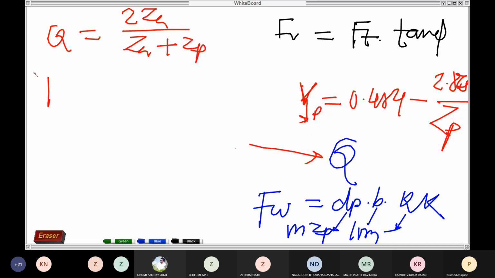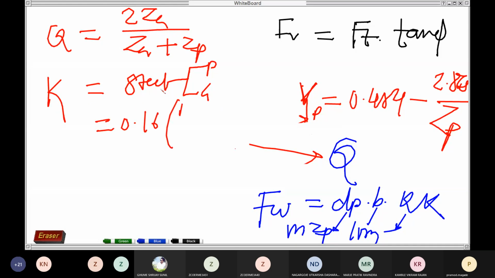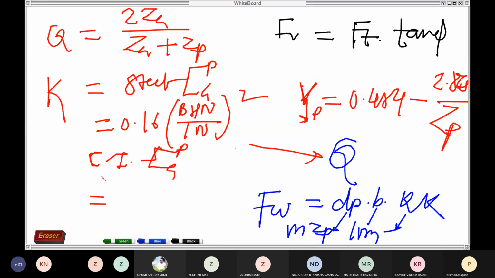This is for Q. Then K is called the load stress factor for the material. If the material is steel, steel pinion and steel gear, then K is equal to 0.16 times (BHN by 100) squared. That is the first case. Then if it is cast iron, cast iron material for pinion as well as gear, K is equal to 0.21 times (BHN by 100) squared.